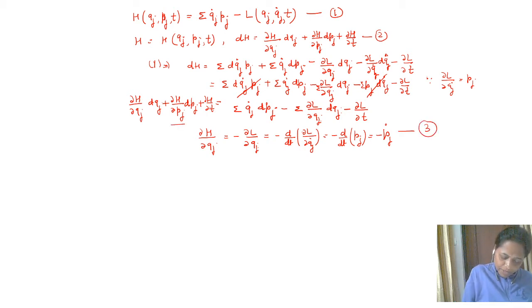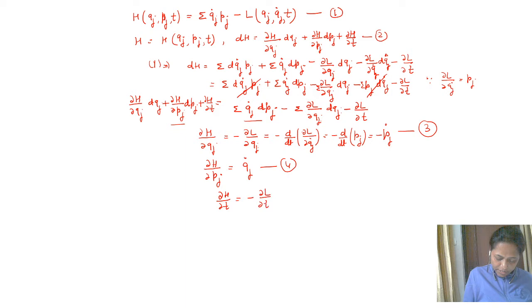Secondly, you compare this one, dPj, this one. So delta H delta Pj is Qj dot, and delta H delta T is minus delta L delta T. So this is again a relation between H and L, time derivatives of H and L, and this 3 and 4 are Hamilton's equations of motion. So this is another way to derive Hamilton's equations of motion.